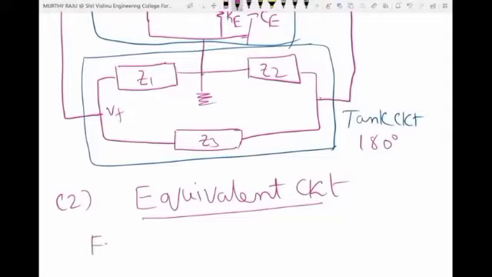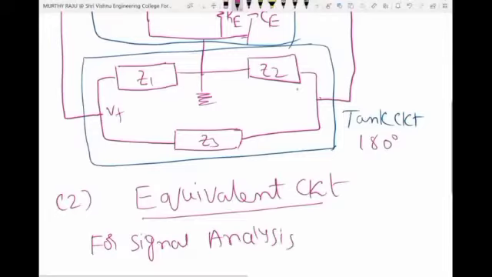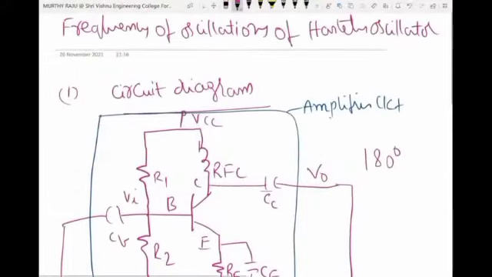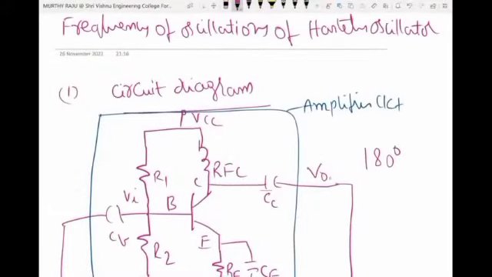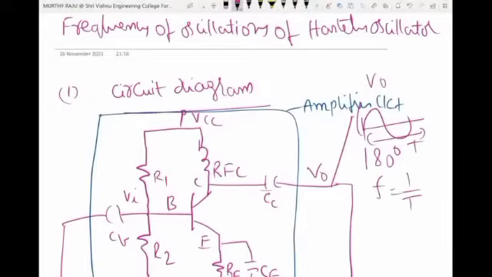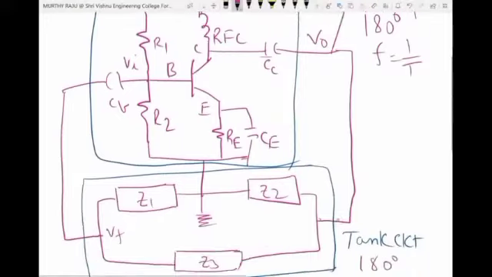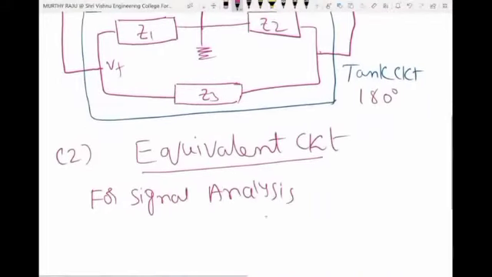For signal analysis, means this oscillator circuit V0, here V0, some signal is generated like that. This is V0. This is time period T, F is equal to 1 by T. Generate some AC signal, sinusoidal signal. That means we use signal analysis.